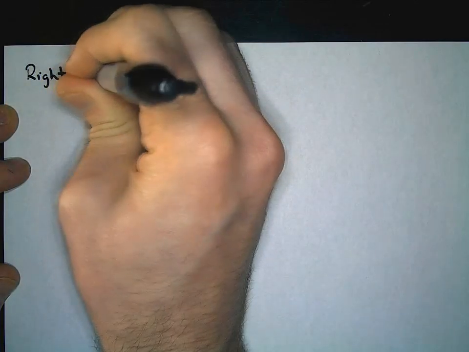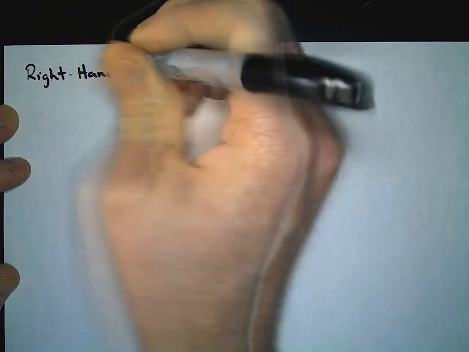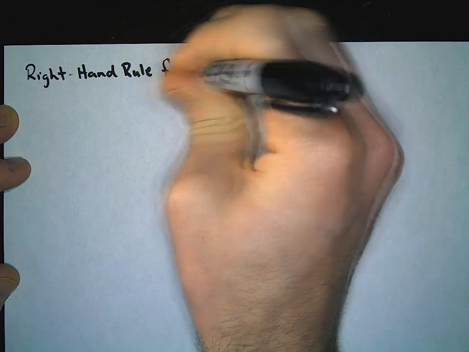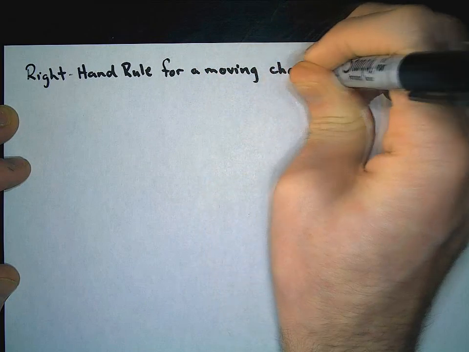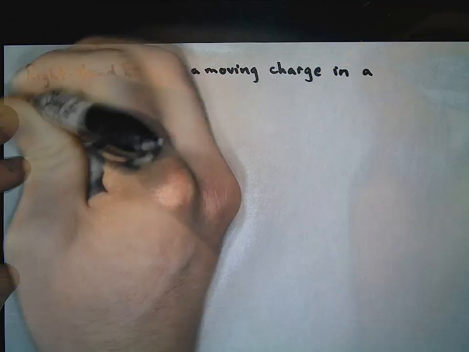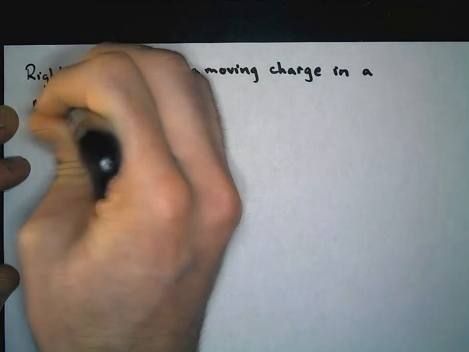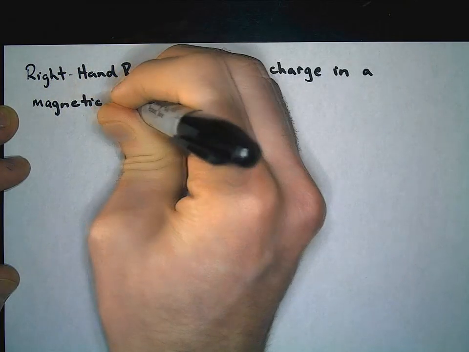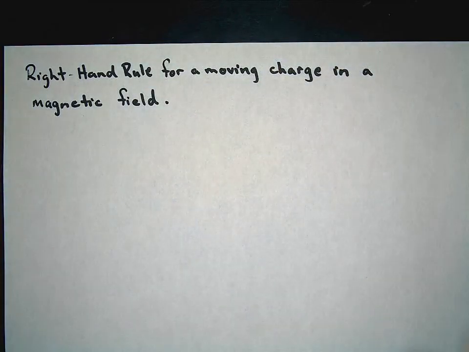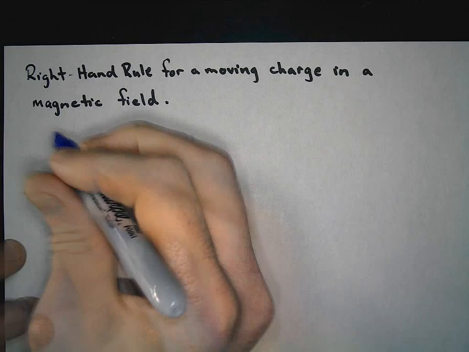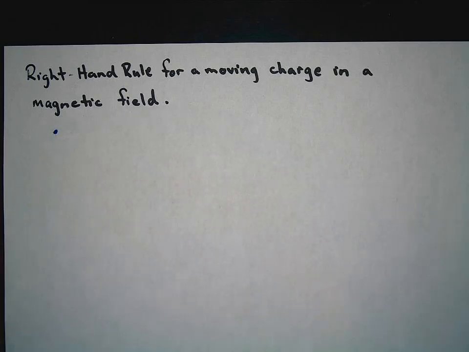And similar to the right-hand rule for straight conductors and solenoids, we also have a right-hand rule for a moving charge in a magnetic field. And here's what you need to know for the most part.